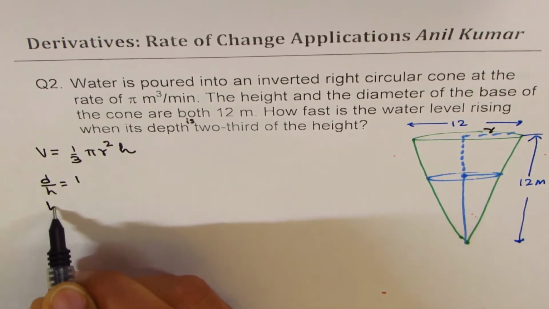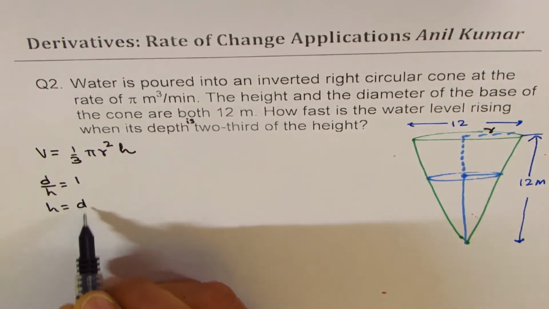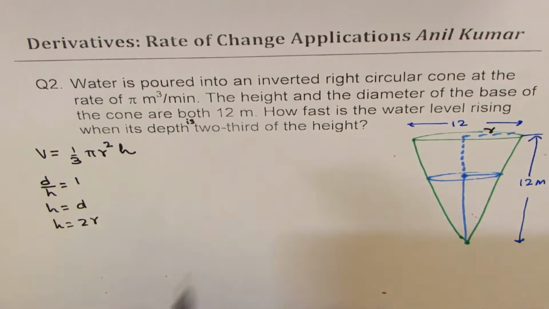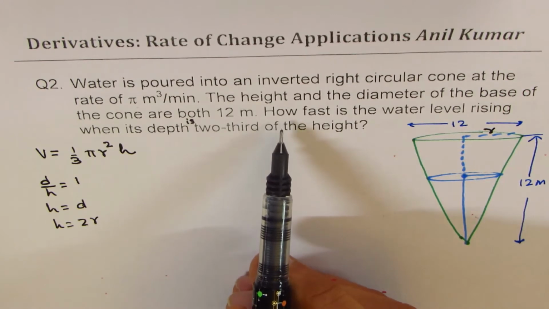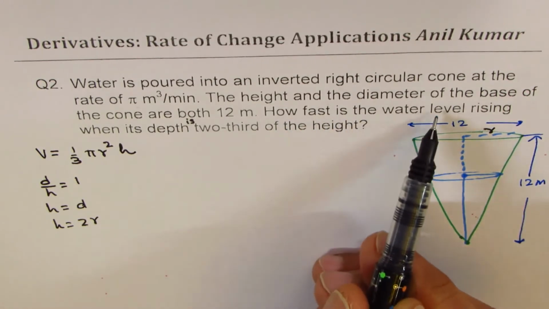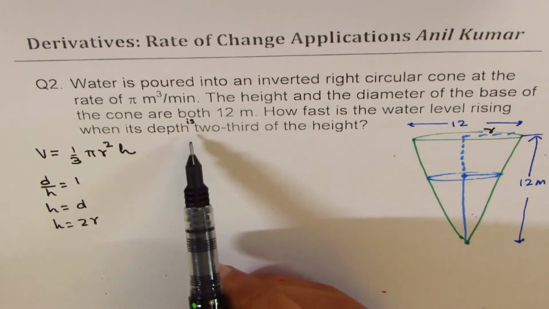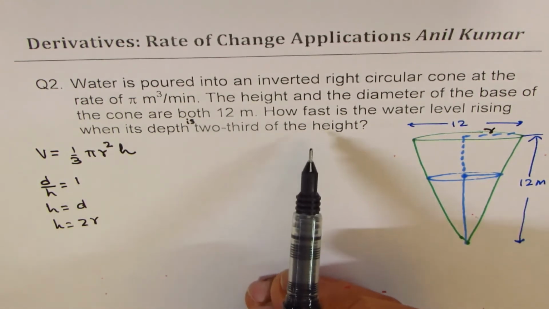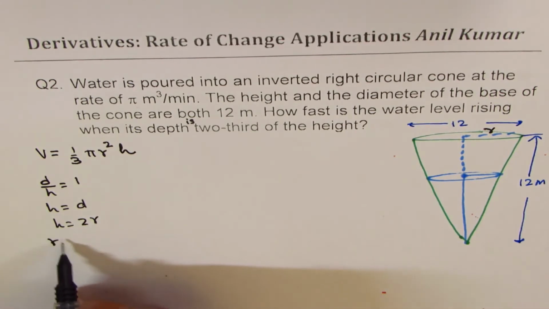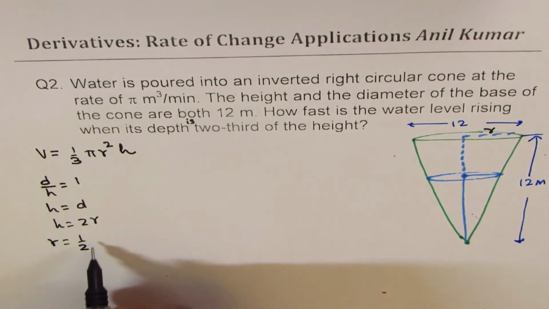That means height equals diameter, or height equals 2 times radius. In this question, we ask how fast the water level is rising when the depth is 2/3, so we should write r in terms of height. So r is equal to half of height.